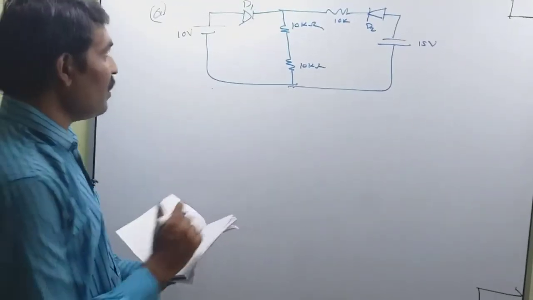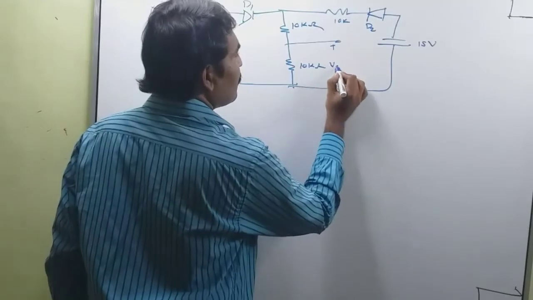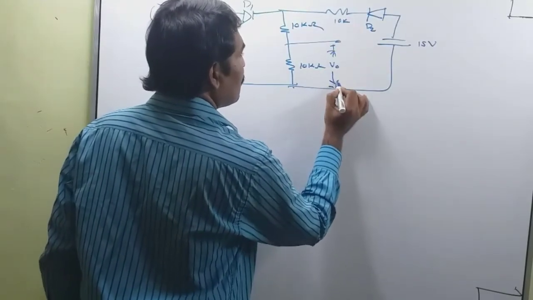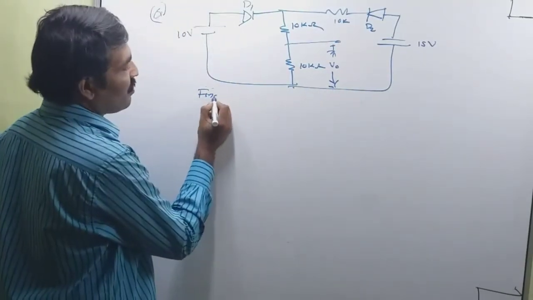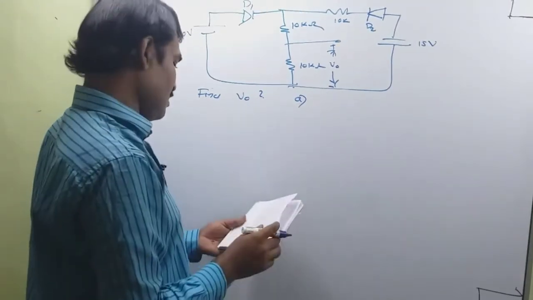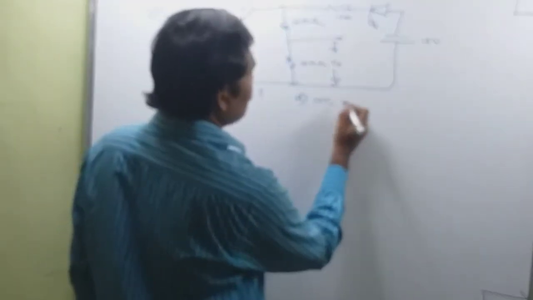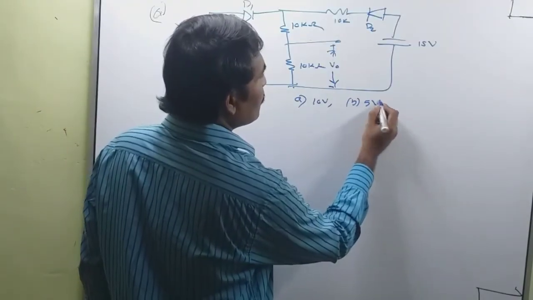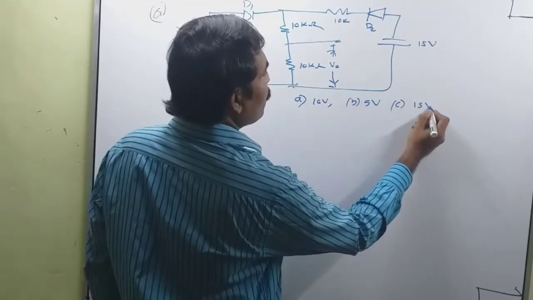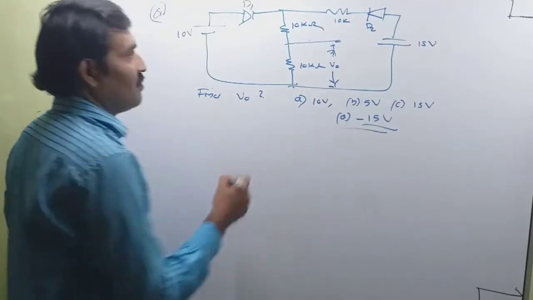Now this is the output voltage, plus minus V0. Find V0. The question choices are given: A is 10 volt, B is 5 volt, C is 15 volt, D is minus 15 volt.